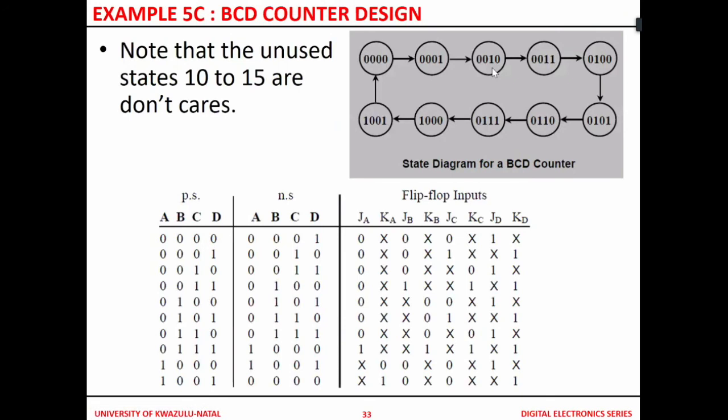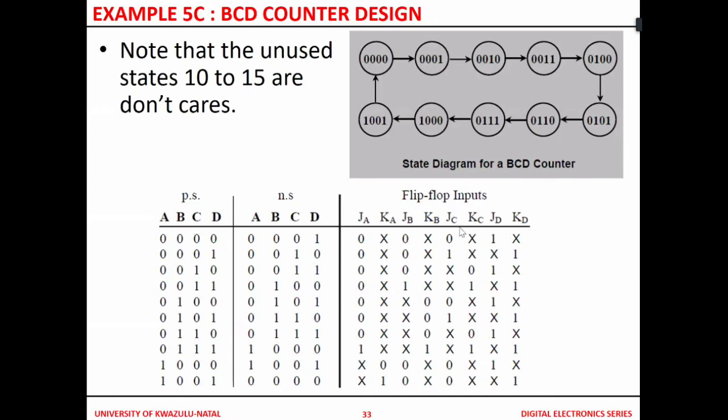Now, the next is counter design. We are looking at counters. A BCD counter, 0, 1, 2, 3, 4, 5, 6, up to 9. You have your present state, next state. Counters normally don't have input, output.